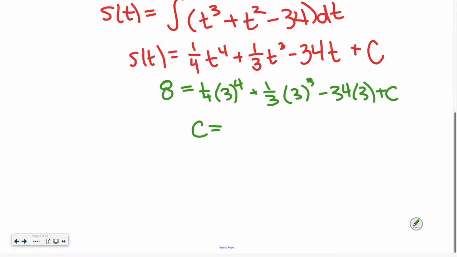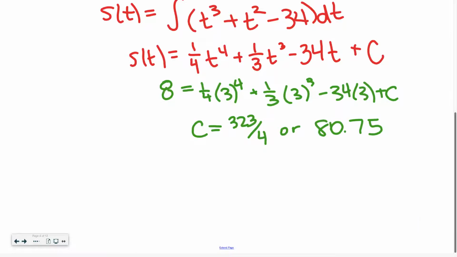C is not a pretty number. What is it? It's 80 and 3/4, or 80.75. That's what I got. Okay, so either a decimal, that's a nice one, or a fraction. Just avoid the mixed number.